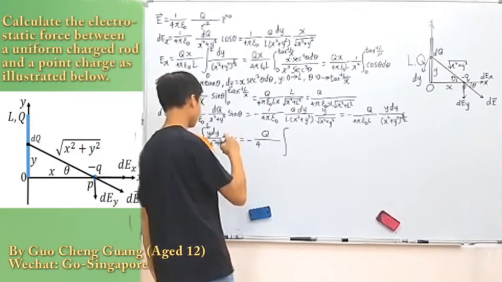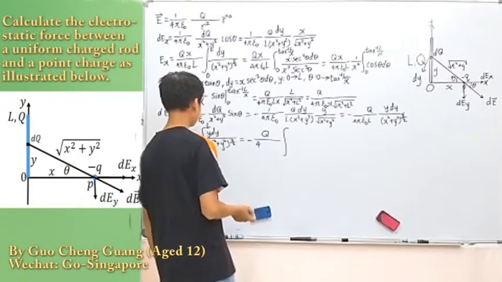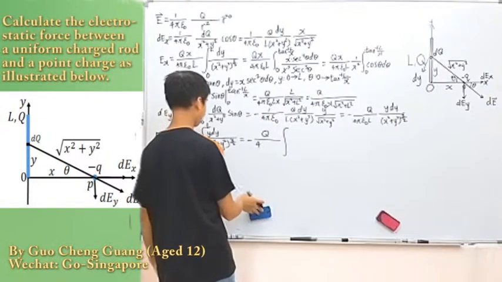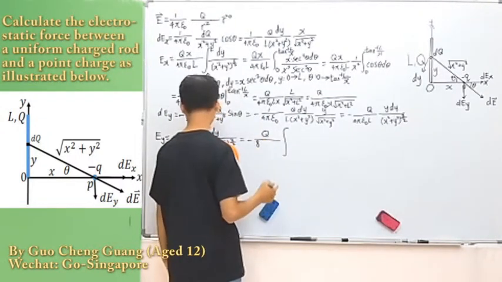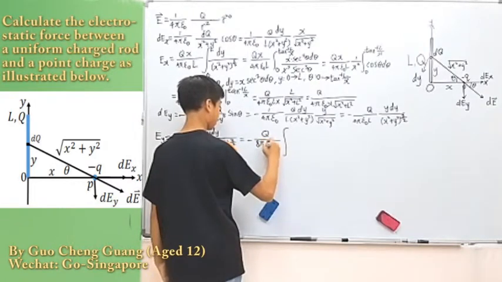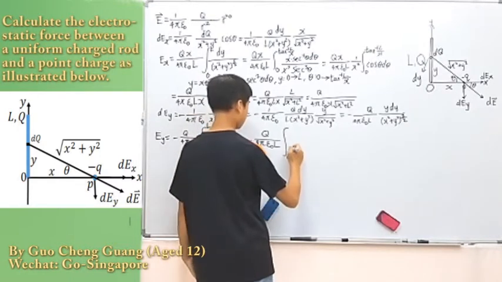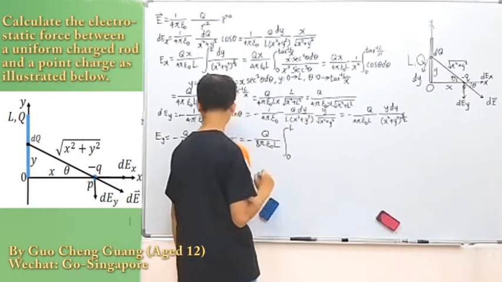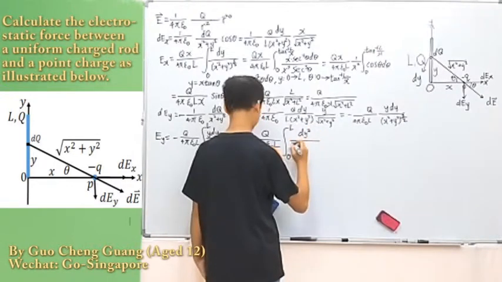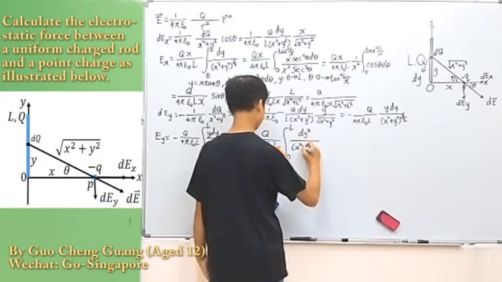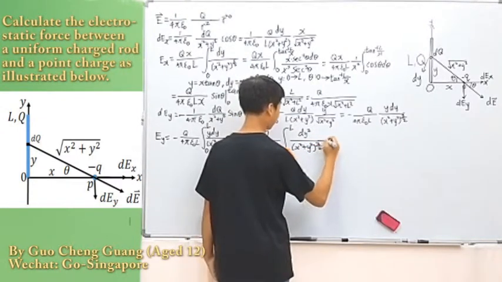Then afterwards, y, we can choose to put it inside. That means we'll need an extra half. So you get q over 8 pi epsilon naught L. You still get 0 to L, but inside here it becomes y dy over x squared plus y squared, to the power of 3 over 2.